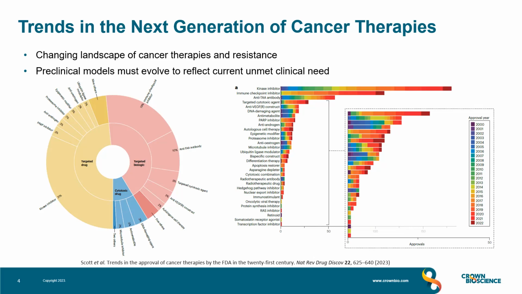And then the emergence of resistance is already evident for many of these, and therefore there's a requirement for new strategies to combat these new resistance mechanisms. And as such, the preclinical models must evolve too to mimic this new landscape.